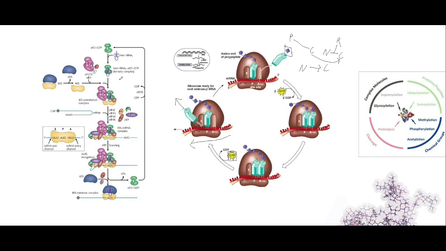And so we bind that onto this complex here, and we bind this complex onto the 40S, the smaller subunit of our ribosome, and that creates this giant complex. Then our mRNA comes in here. It causes a bunch of these proteins to attach as well, and we see our mRNA is in this site on our 40S subunit.